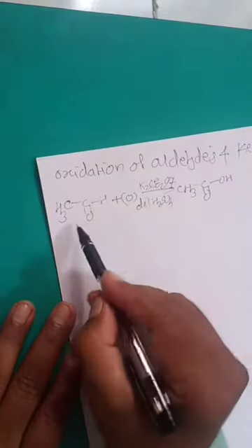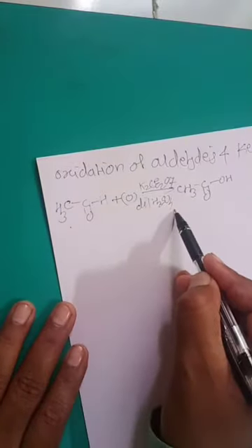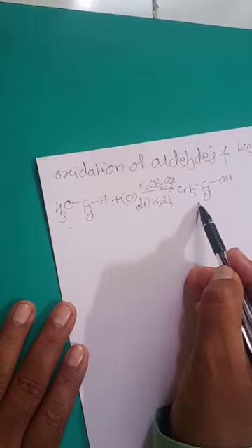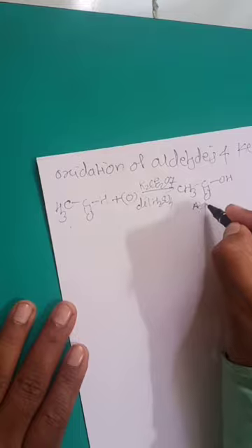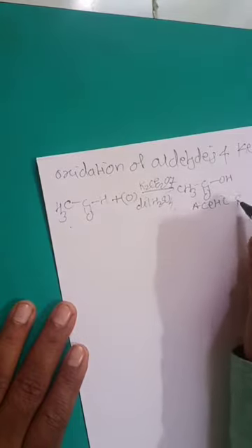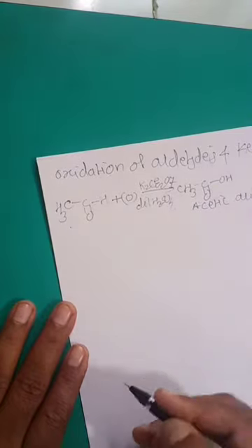So here acetaldehyde on oxidation gives carboxylic acid as final product. That is, acetaldehyde reacts with acidified potassium dichromate to form acetic acid. So this is acetic acid.